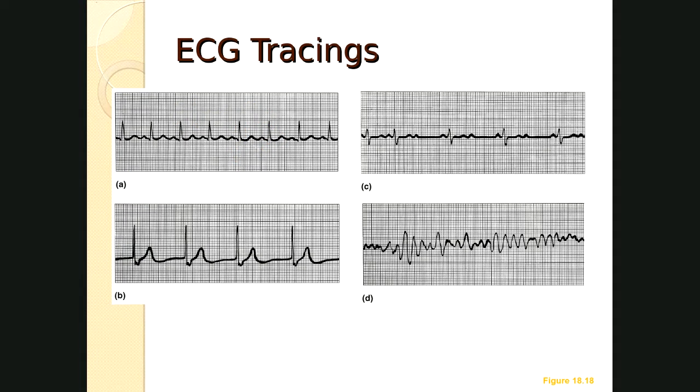But let's look at this one. Look at B. First of all, is it normal? It's not normal. It's missing something. What is it missing? Yeah, it's missing the P. Where does the P wave start? Do you remember?